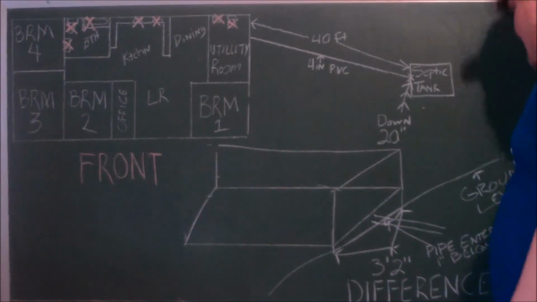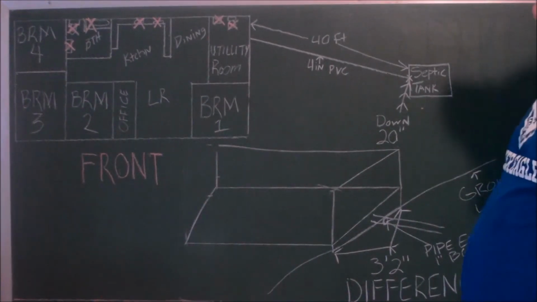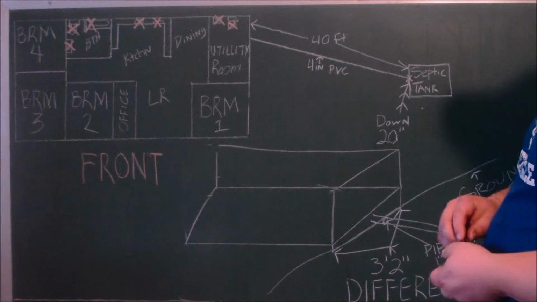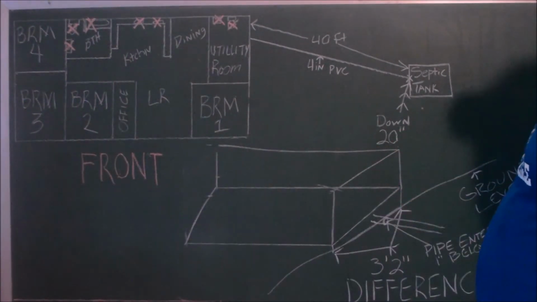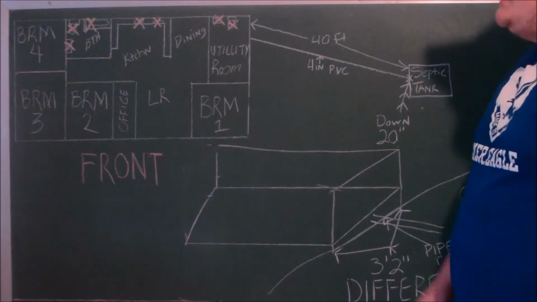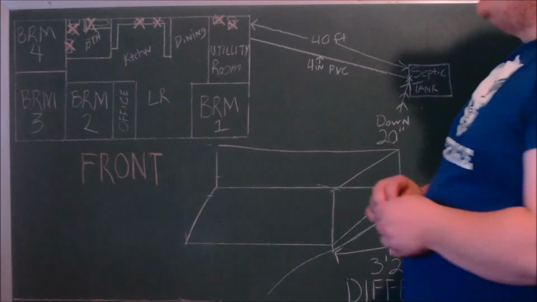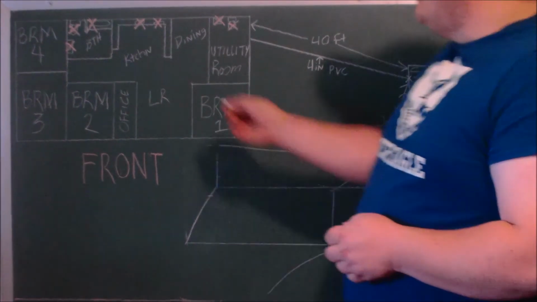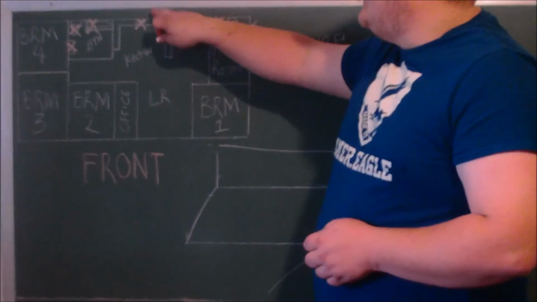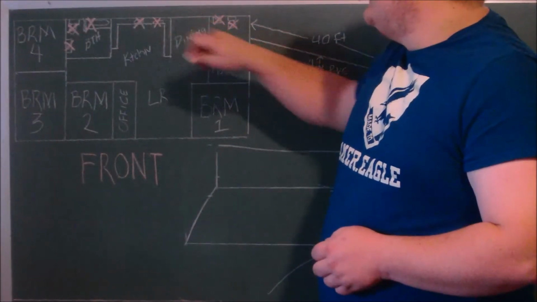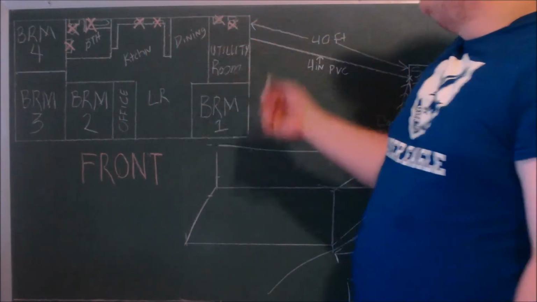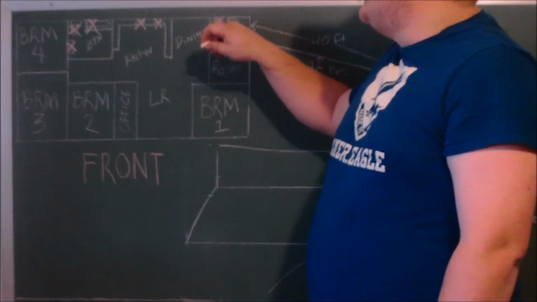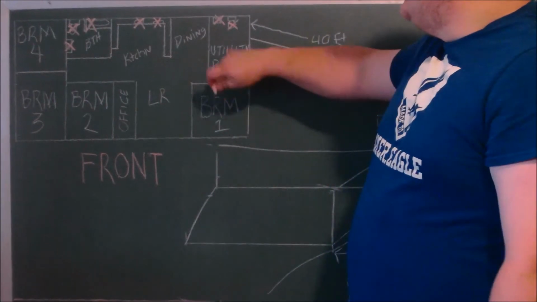Okay, and I know most people will do a main vent stack and then tie everything into that. So my question is, instead of doing one main vent stack, say right here in the middle somewhere, and then running lines to that vent stack, would you not be able to just say this is the utility room?